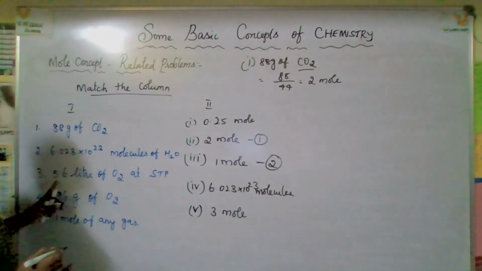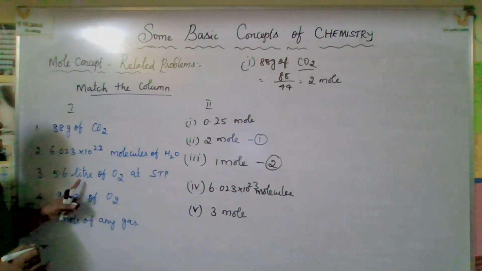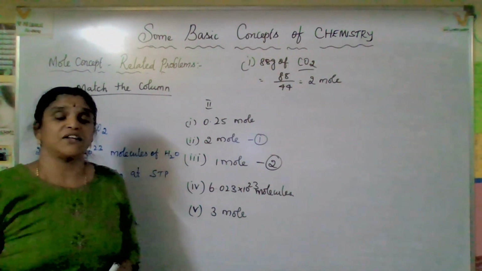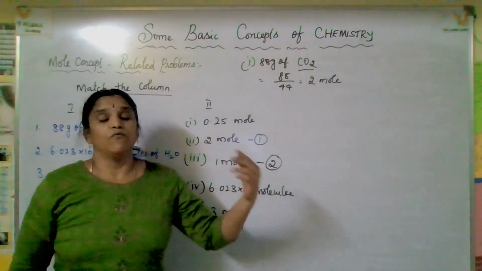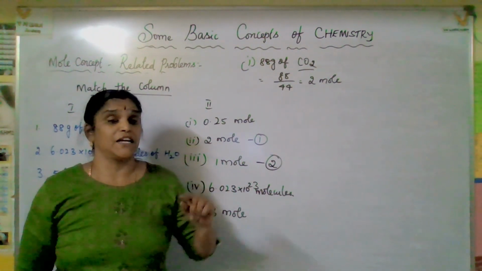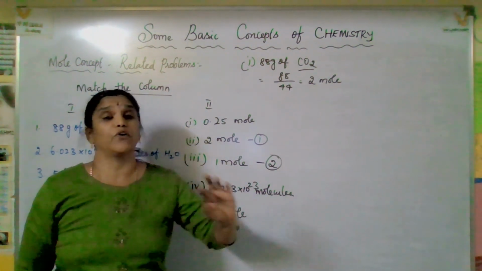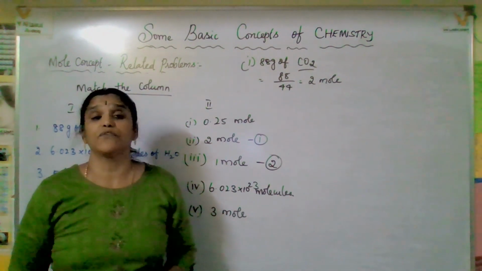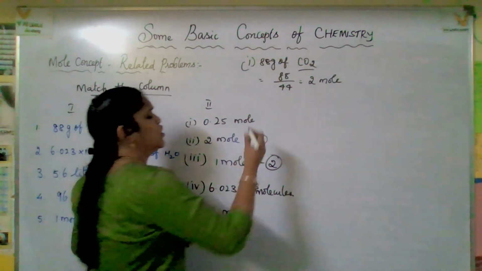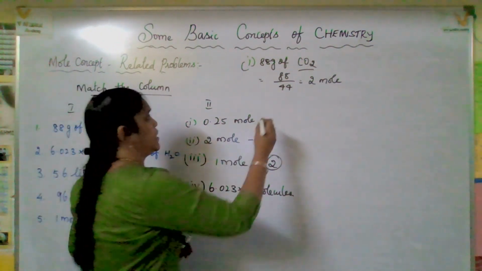Now, the third one, 5.6 liter of oxygen at STP. In our last session, we have gone through that volume at STP divided by 22.4 liter. How did you get that 22.4 liter? I have given that idea also from the ideal gas equation.